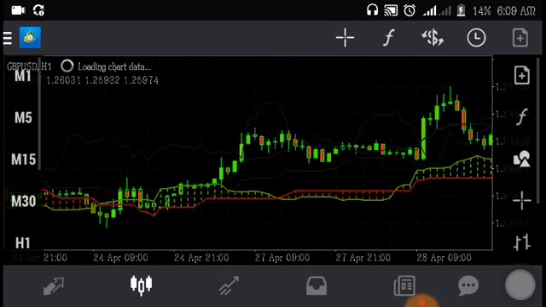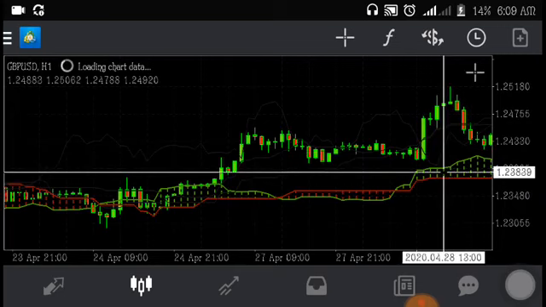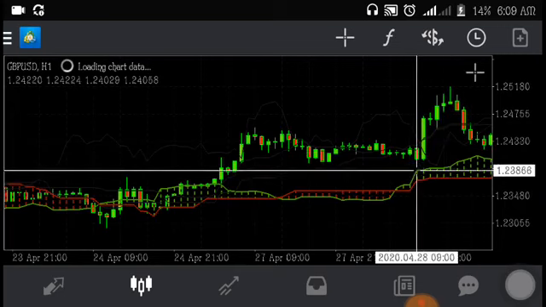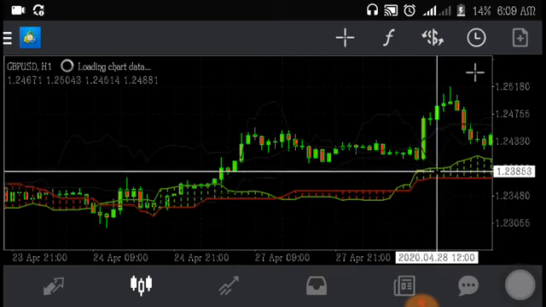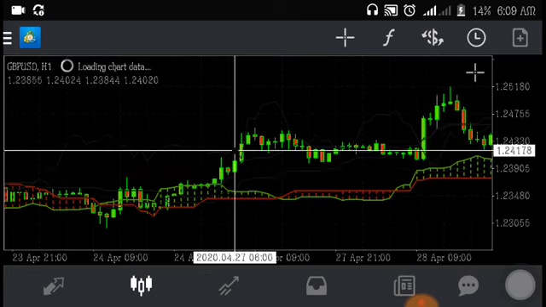Then I think we got a beautiful, how many pips? Let me measure. Okay, this bullish candle was a killer candle.